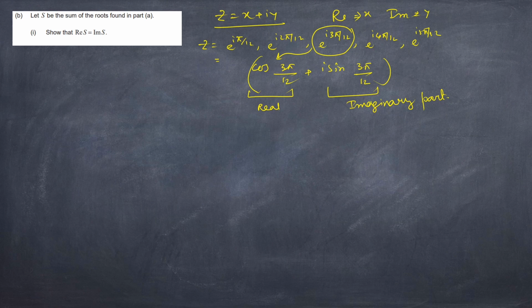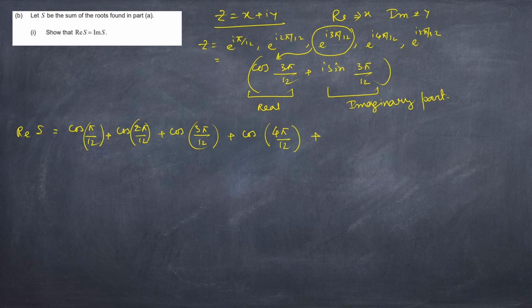So whenever we are doing this problem, ultimately the real sum is equal to cos pi by 12 plus cos 2 pi by 12, these are the angles, plus cos 3 pi by 12 plus cos 4 pi by 12 plus cos 5 pi by 12. So we have the 5 real parts of 5 complex numbers.